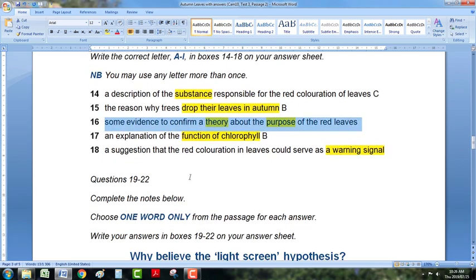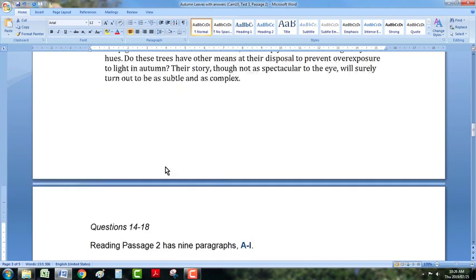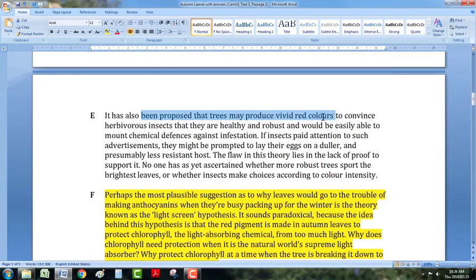A theory about the purpose of the leaves, a warning signal. Evidence. Trees may produce to convince insects that they are healthy and would be easily able to mount chemical defenses. So this is pretty difficult. This is actually the warning signal.